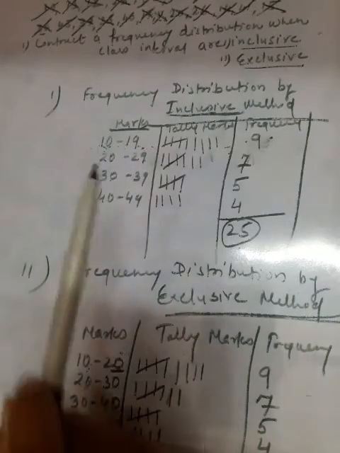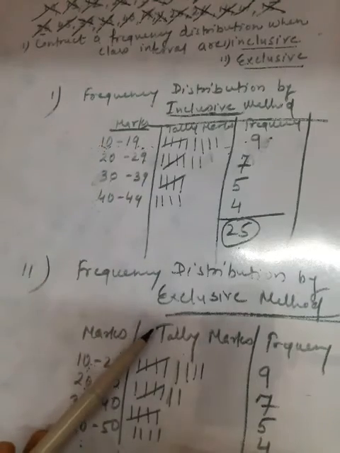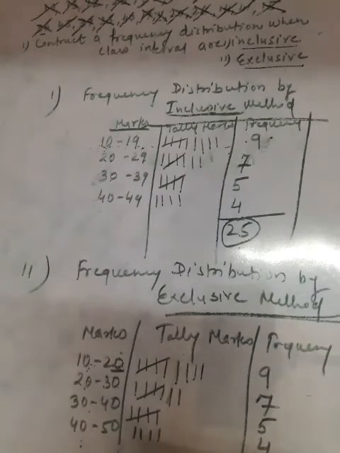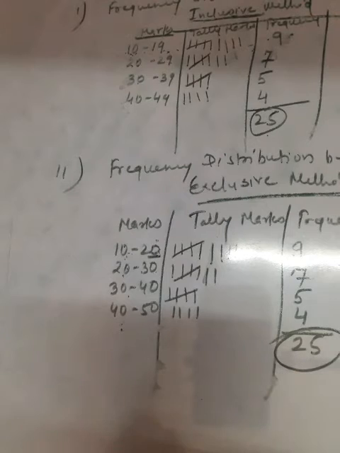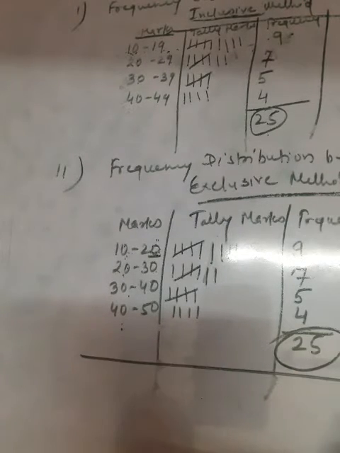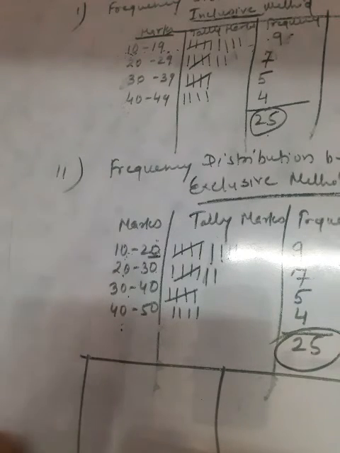That's the basic difference between inclusive and exclusive series, though there are also a few more differences, that I am writing over here. Difference between inclusive and exclusive, one difference you understand.